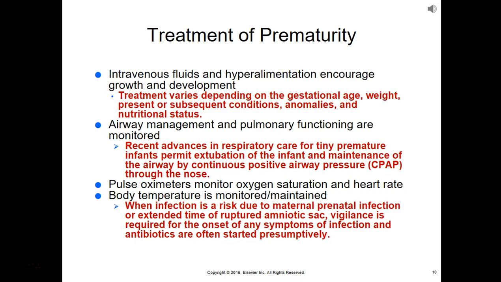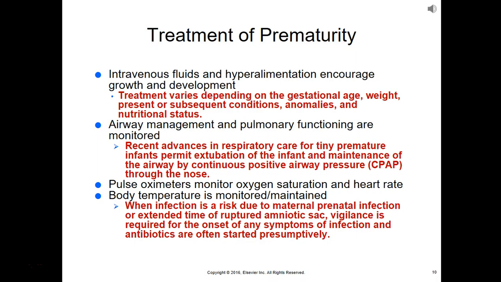Recent advances in respiratory care for tiny premature infants permit extubation of the infant and maintenance of the airway by continuous positive airway pressure, which is called a CPAP machine. Some of you may know about those CPAP machines if you have sleep apnea, and that goes through the nose. Pulse oximeters monitor oxygen saturation and heart rate, and body temperature is going to be monitored and maintained.